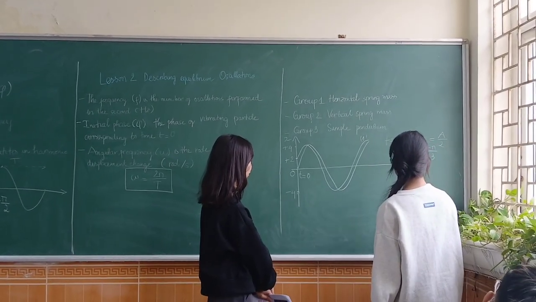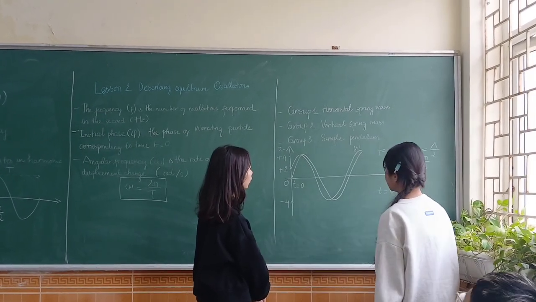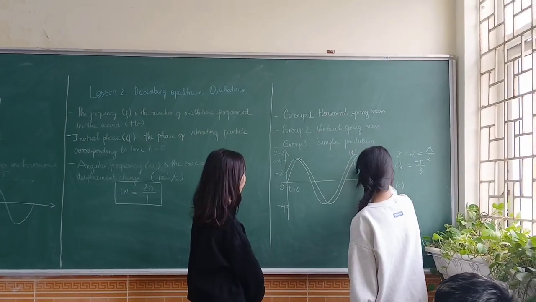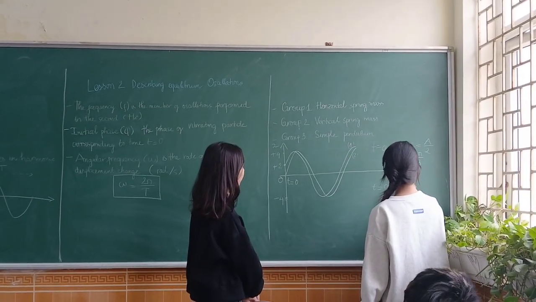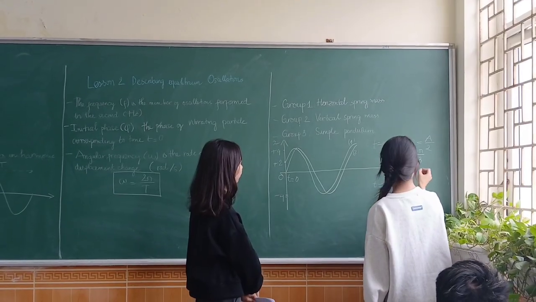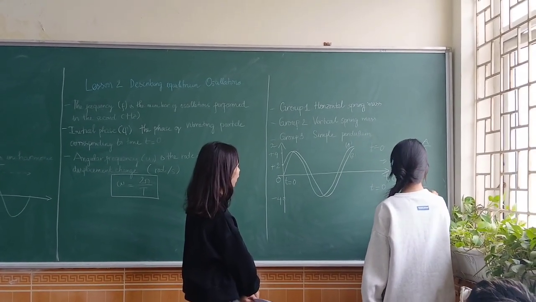Okay. And in graph 2, similarly, we can see the initial phase of motion 2 is equal to minus pi over 2. Okay, thank you.